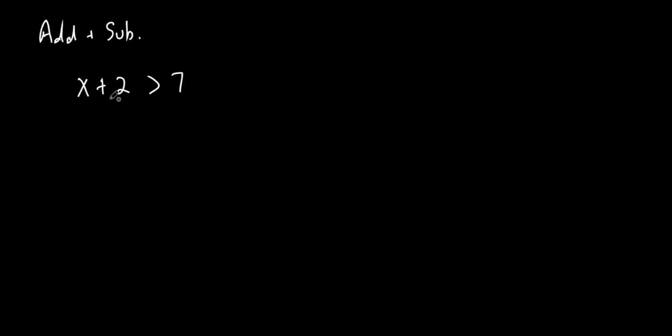If you are adding something to x or subtracting something from x, the inequality stays exactly the same. You wouldn't do anything different than if it was an equal sign. If that was an equal sign right there, you would know how to solve for x, wouldn't you? What would you do to solve for x if that was an equal sign? You just subtract 2 from both sides, right? And then you bring everything down. So in this case, if you add or subtract, that sign just stays exactly the same. We don't mess with it.